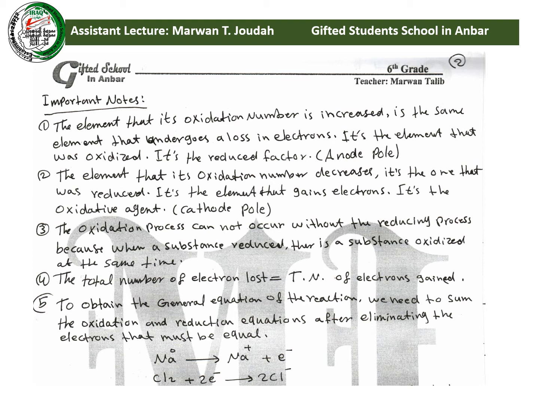We have some important rules here. You are going to go through them. The element whose oxidation number increases is the same element that undergoes a loss of electrons. If we have a redox reaction, oxidation and reduction processes are taking place.